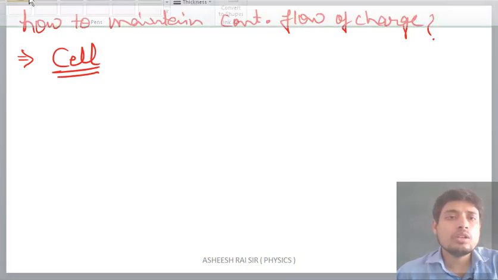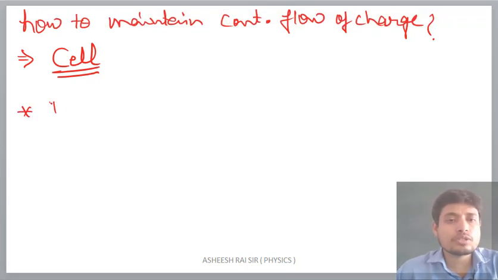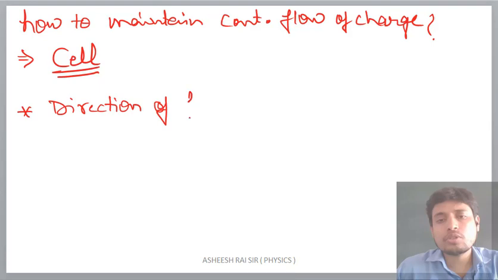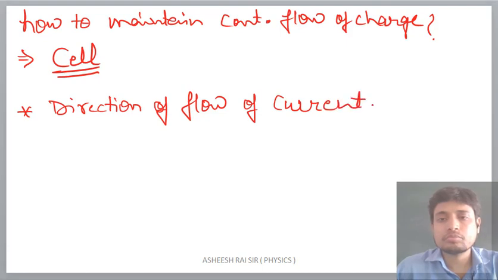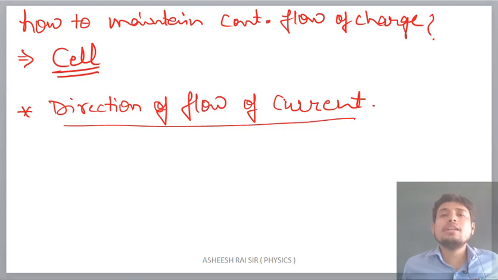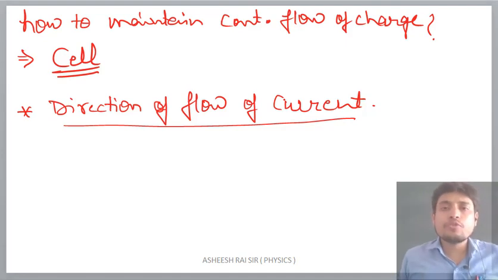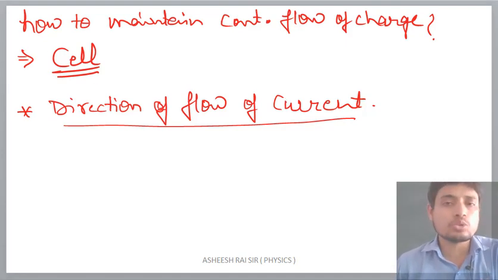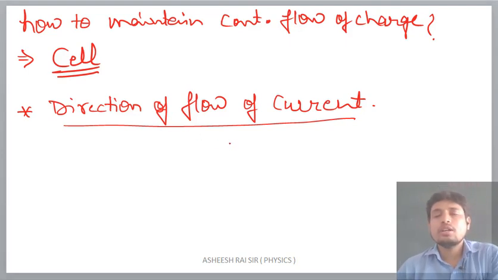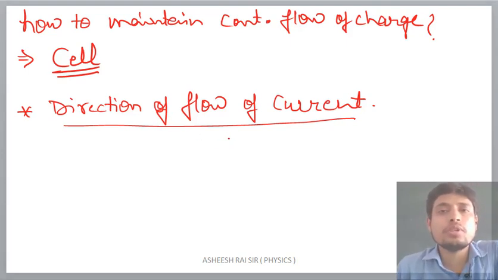Now, the direction of the flow of charge and the direction of the flow of current. As I have told you, the negative charges flow from the lower potential to higher potential, and the positive charges flow from higher potential to the lower potential.